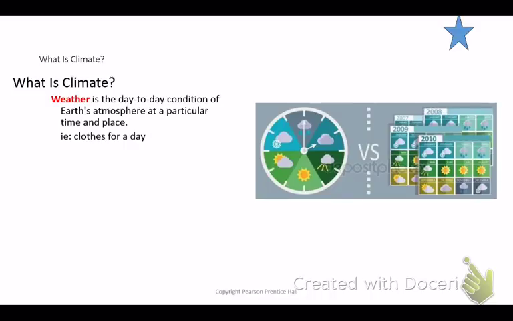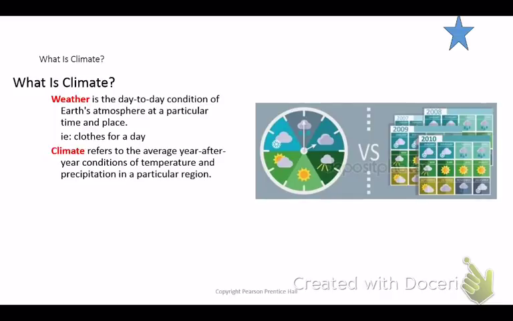But climate is different from weather, because weather is actually just the day-to-day conditions in the Earth's atmosphere, similar to this picture that we have right here. And climate itself is the average year-to-year conditions, so what we see right here. Weather you can think of as what's going on specifically for that one day, like the clothes you're wearing on a specific day, such as today.